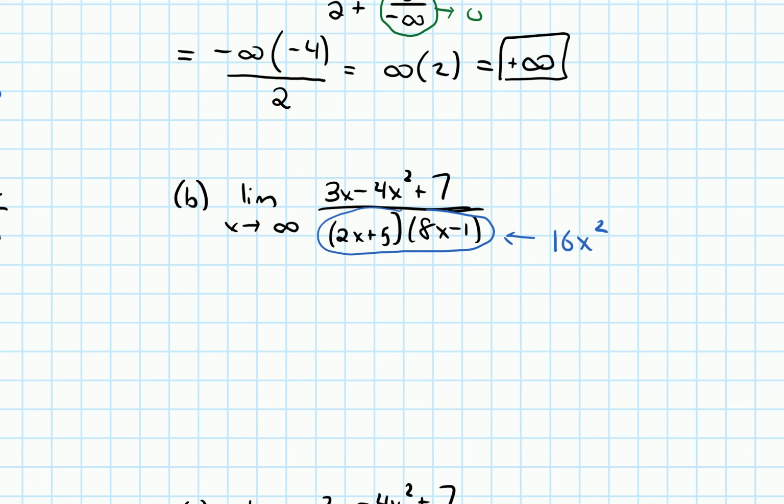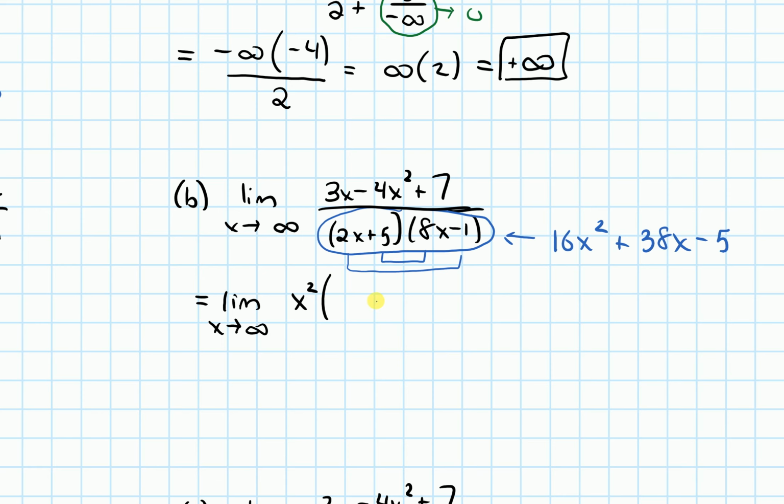So 40x. And then 2x times negative 1 will be minus 2x. So 40x minus 2x is plus 38x. And then finally, 5 times the negative 1 is minus 5. So again, let's factor out the highest power of x in the numerator and denominator, which is x squared for both of them.